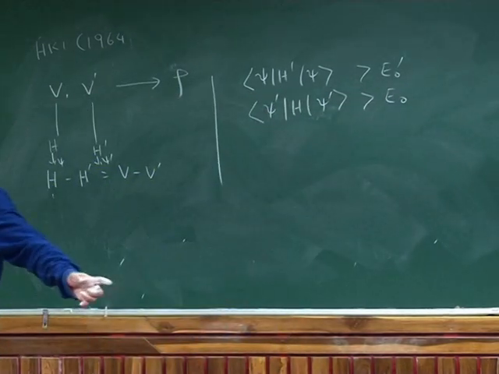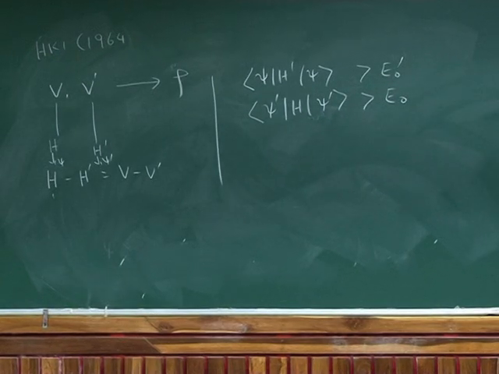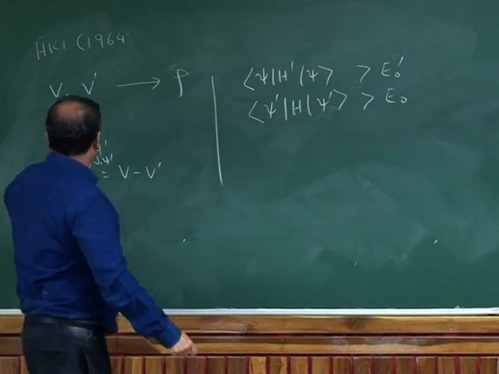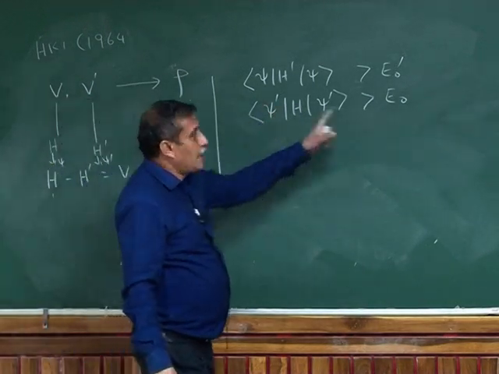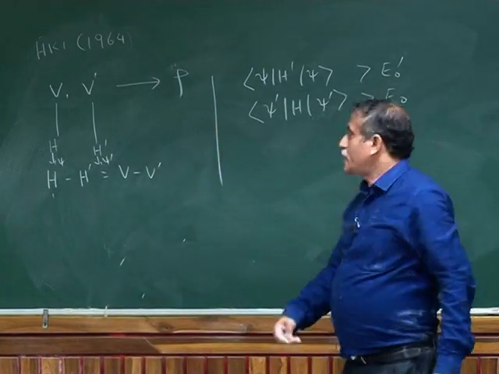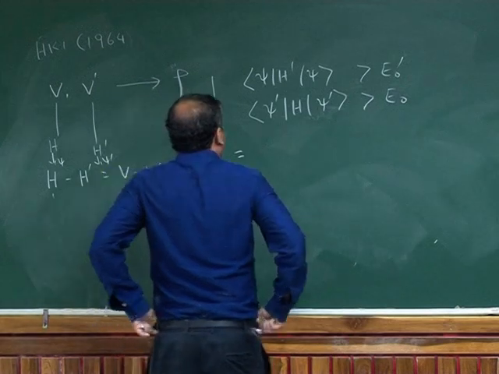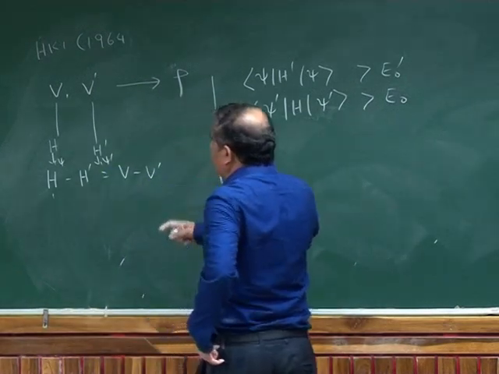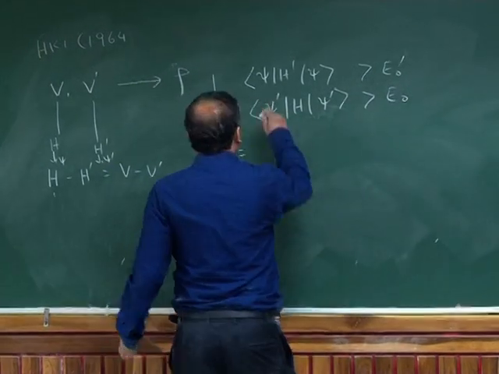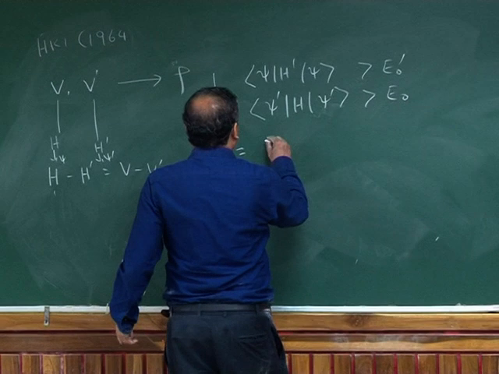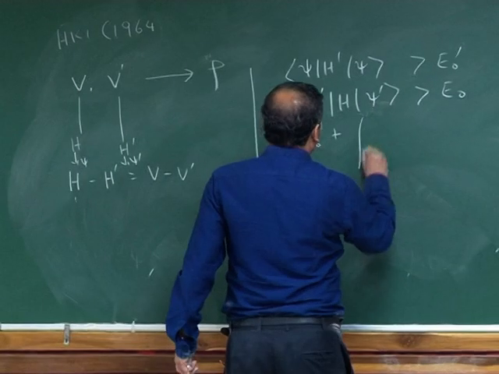By the variation method, because I have taken a wrong function. So I have taken a wrong function for H prime. The actual function is psi prime. I have taken psi, which is the function for H. It must be greater than E naught, and vice versa. Then you expand these two. You can easily see that if I expand this, I will get for this rho of r.